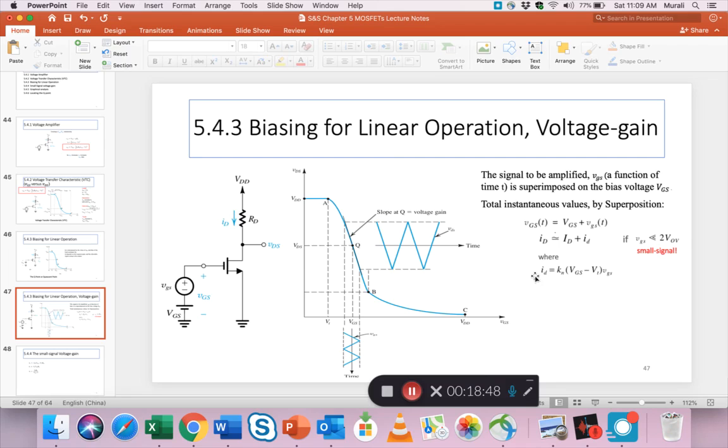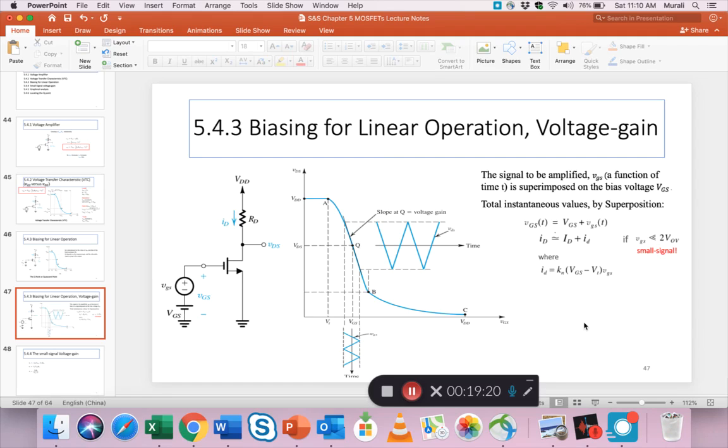You find it like this, which is similar to other formulas we have used for ID, right? You've seen the ID formula many times, so I won't repeat it, but basically ID always consists of this factor K, the process parameter, the overdrive voltage, and also the gate to source voltage. Okay, so the same thing is repeated for the small signal, as the same format existed for the big ID also.